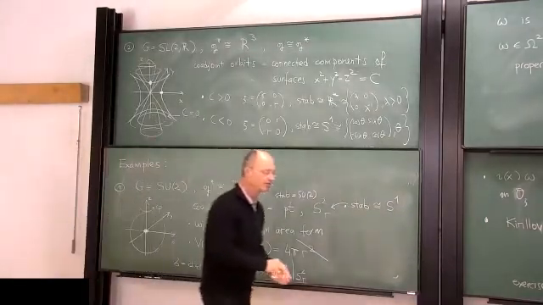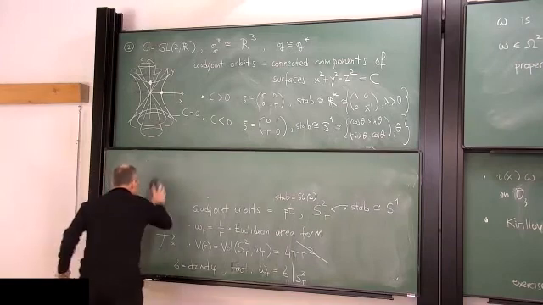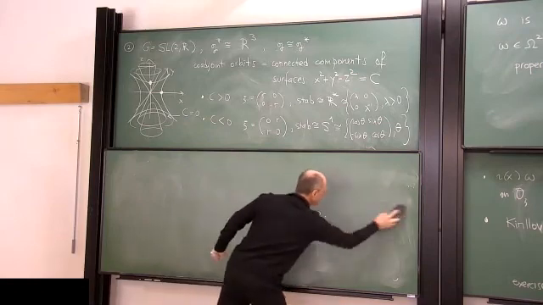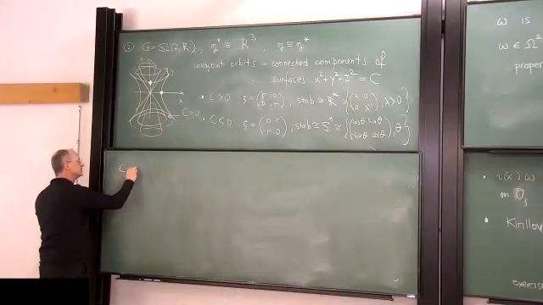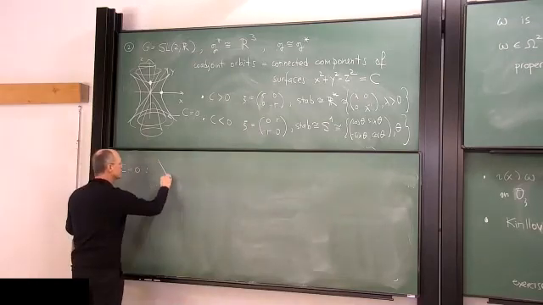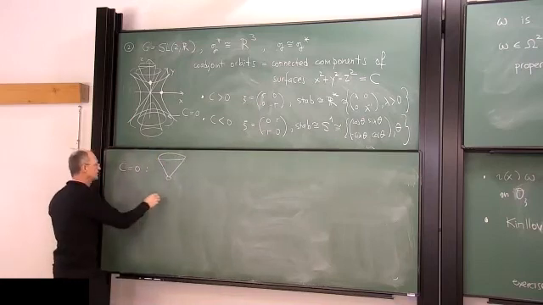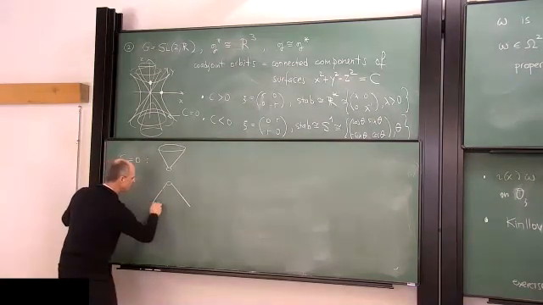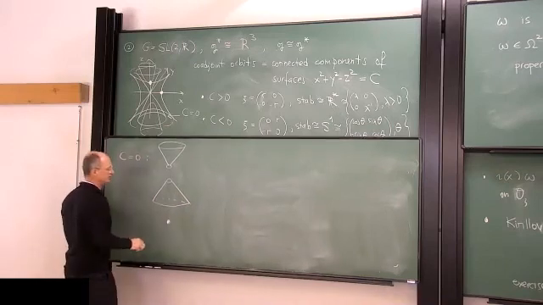Finally, what happens with the cone? In fact, it's here that my statement about connected components is somewhat wrong. What happens is the following. C equals 0: there are actually 3 orbits. That's the open cone upstairs, the open cone downstairs, and the origin itself.